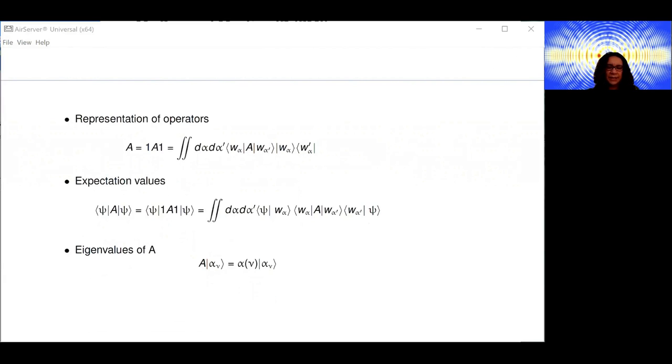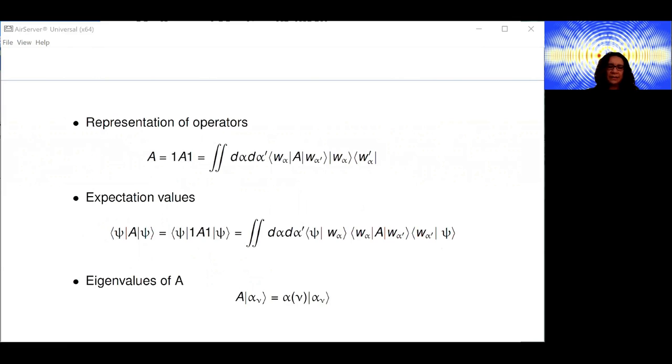So we can insert now two identity operators. So if we have an arbitrary operator A, it can be written as identity operator A identity operator, one applied from the left, the other applied to the right. And you find, when you do the math, this expression.